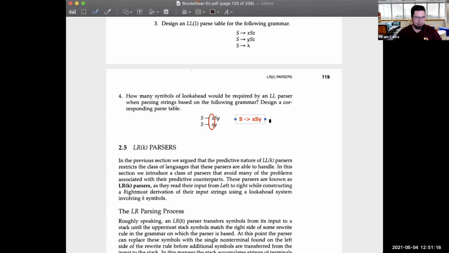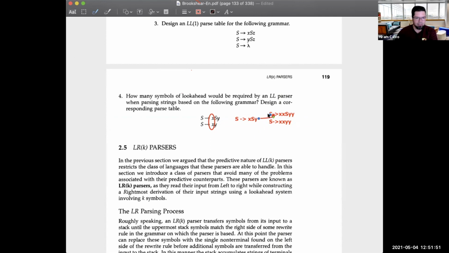You need to insert the rule itself as X, X as Y, Y, because you are inserting the rule in itself, and you need to insert the second one, which would be X, X, Y, Y, right? So out of this one, you are obtaining two different rules.